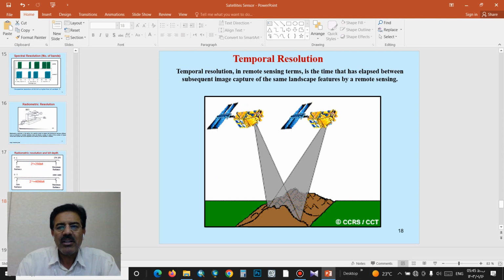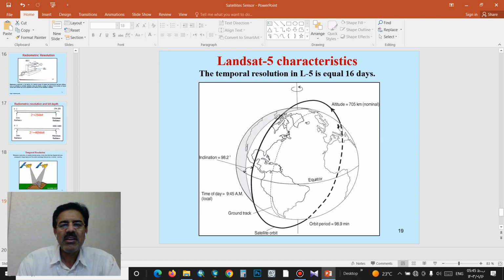And this slide, temporal resolution. Temporal resolution in remote sensing terms is the time that has elapsed between subsequent image captures of the same landscape features by a remote sensor. For example, Landsat 5 characteristics.